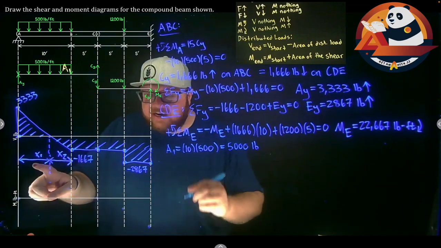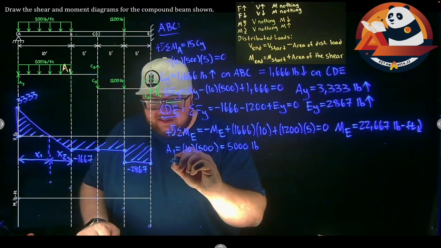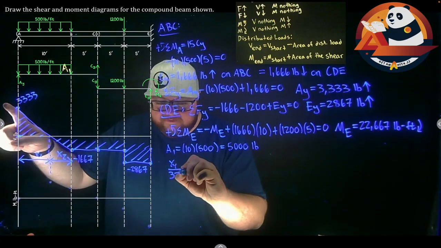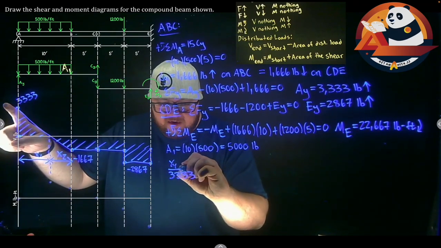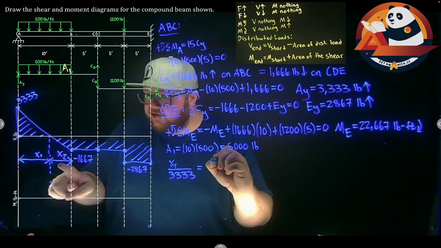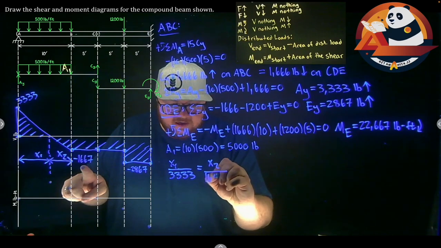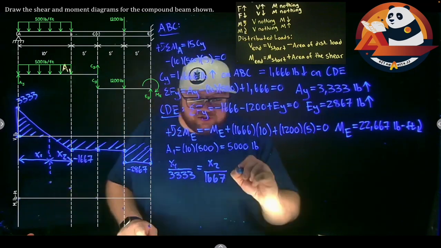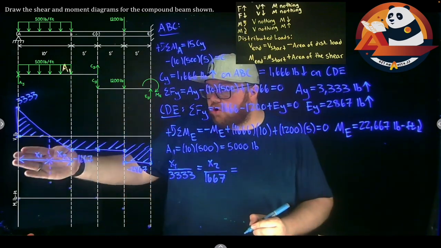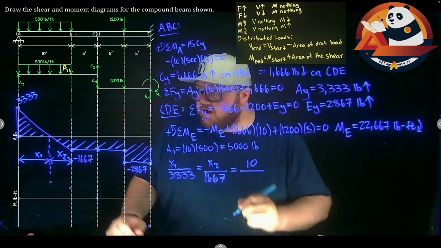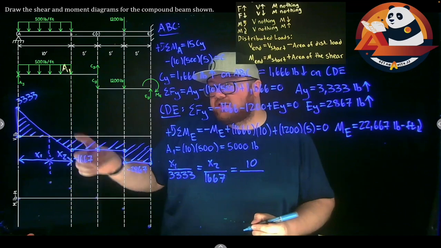My ratio of base to height in my first triangle is x1 over 3333. That should be x2 over 1667, which should be equal to my total x distance, 10 feet, divided by my total change in height, which is going to be that area.